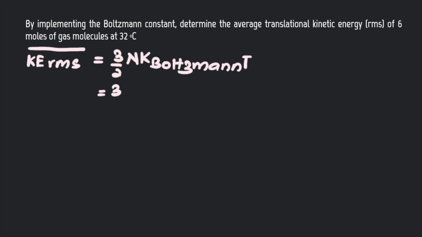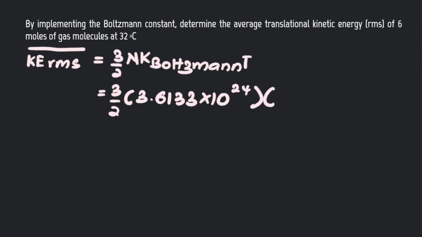So 3 over 2 times your N, which you calculated just now, 3.6133 times 10 to the power of 24, and then the Boltzmann constant, 1.3807 times 10 to the power of negative 23. So this one is in molecules.